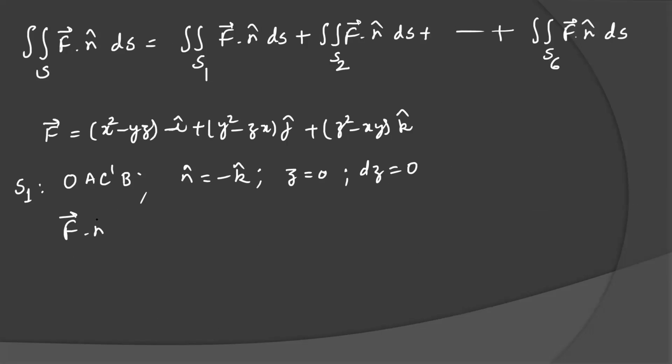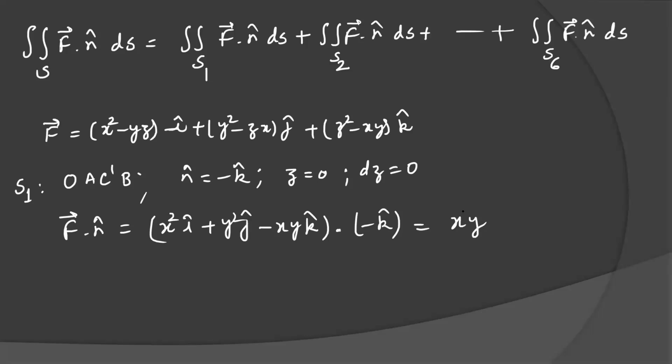So F dot n cap will convert as, now z equal to 0, x square i plus y square j minus xy k. Now the dot product with minus k cap will be plus xy only. So F dot n cap ds is equal to plus xy. ds is nothing else but dx dy.